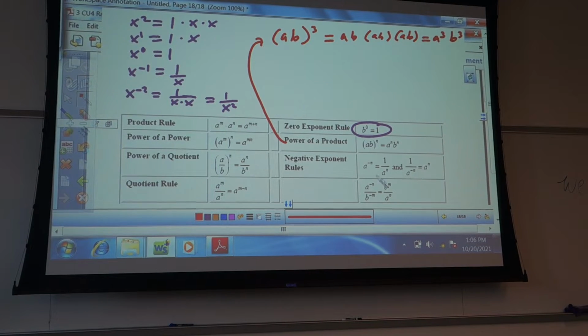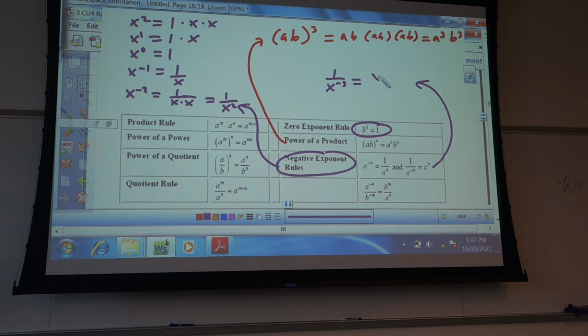And then we have negative exponent rules, which I just did kind of right here in purple. So that's also right here as well. Right. What you'll also notice, please notice also, is that if I have 1 over x to the negative 3, to get rid of that negative exponent, you can just pop it to the other side.